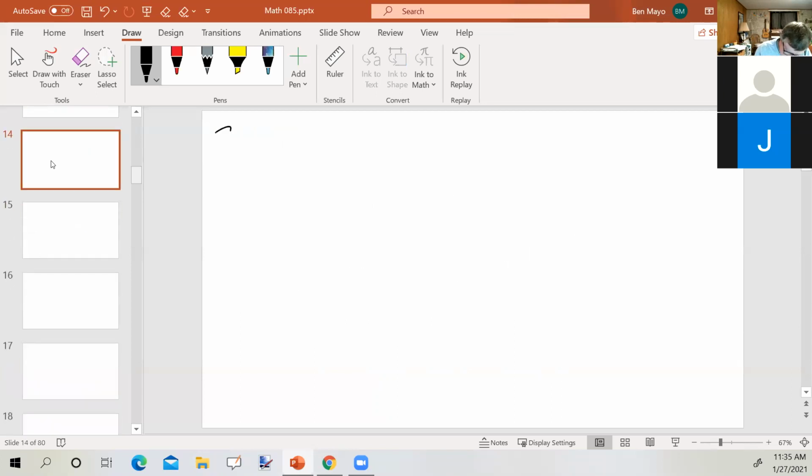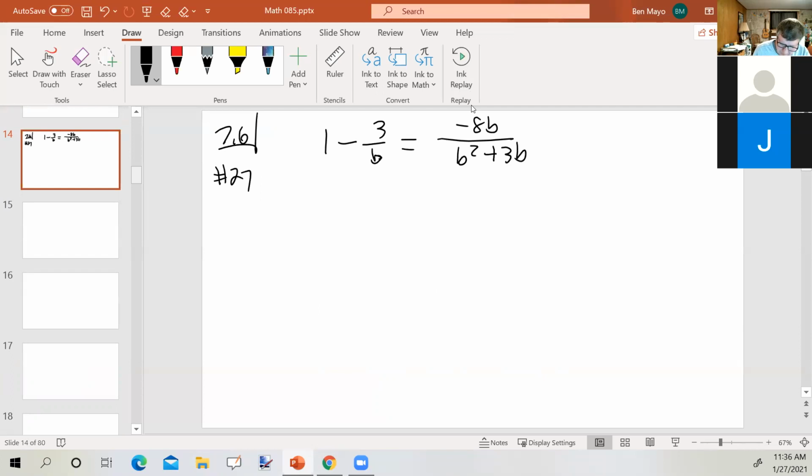Still in 7.6, this is number 27. Same idea, solve the equation. I've got 1 minus 3 over b equals negative 8b over (b squared plus 3b). So once again, I'm going to factor that denominator.